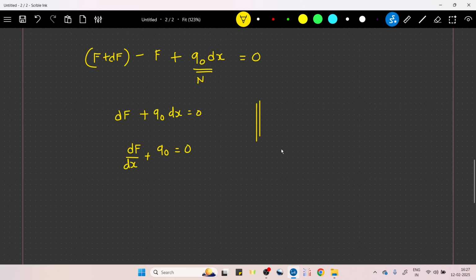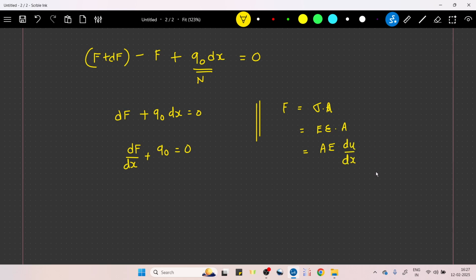So I will substitute F in terms of u. For that I have to first write F in terms of u. So F is nothing but internal force. F is equal to stress into area. Internal stress sigma is equal to E epsilon, and A. So we can say A E epsilon, where epsilon is nothing but du by dx.